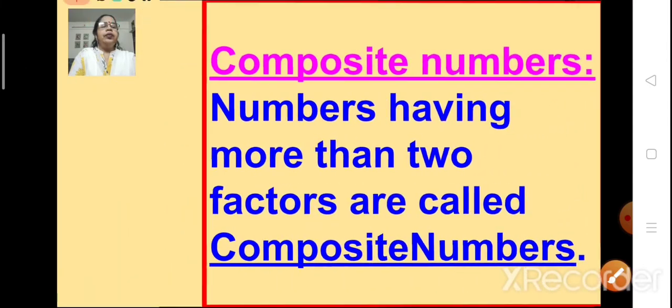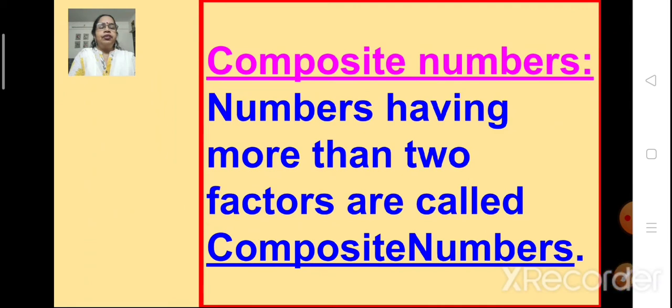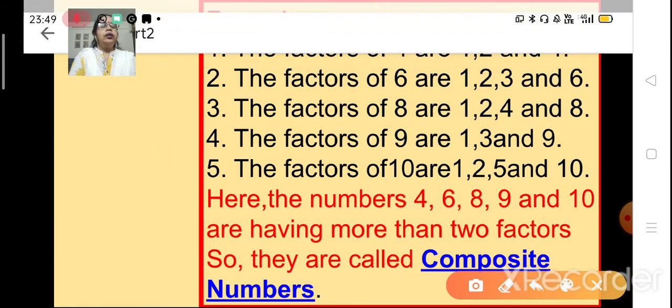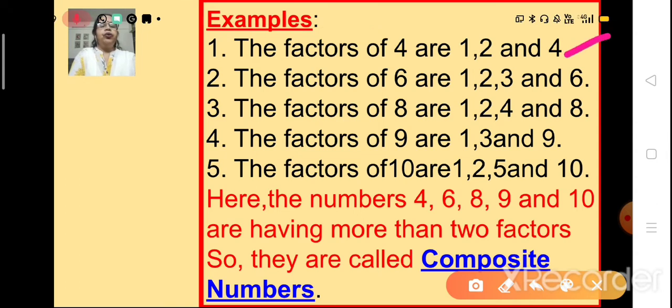Now let's look at the definition of composite numbers. The numbers having more than two factors are known as composite numbers. Look at the examples here. The factors of 4 are 1, 2 and 4. Similarly, the factors of 6 are 1, 2, 3 and 6. The factors of 8 are 1, 2, 4 and 8.